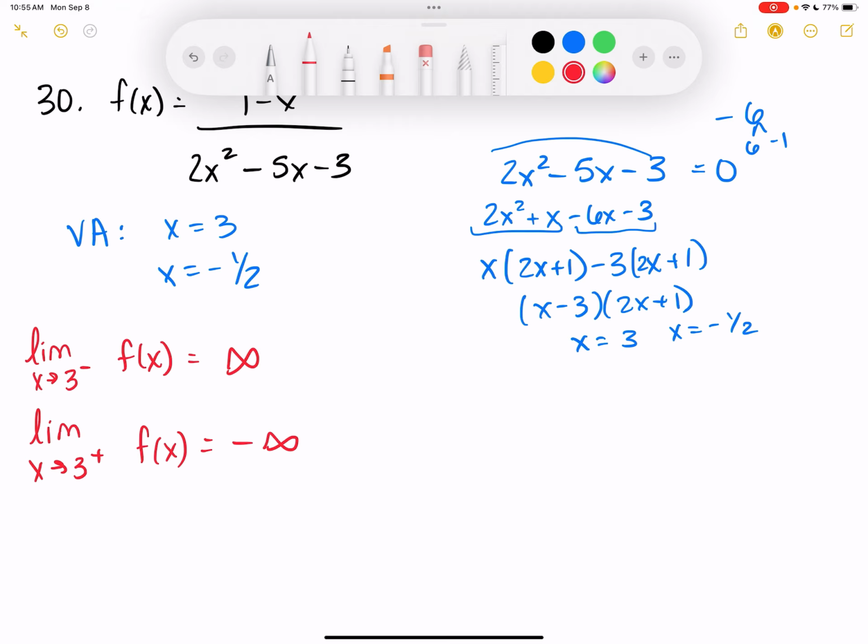And then for negative 1/2 from the left, I would choose probably negative 0.55 or something like that. It doesn't have to be anything crazy.